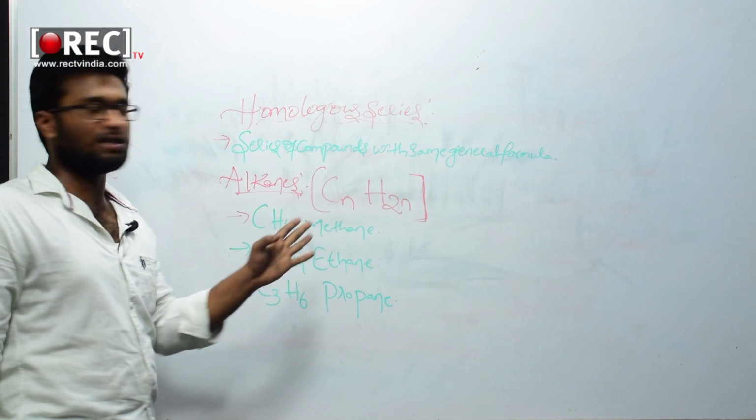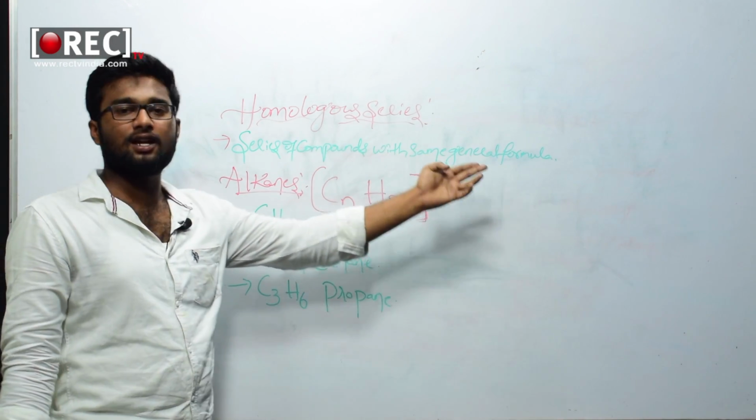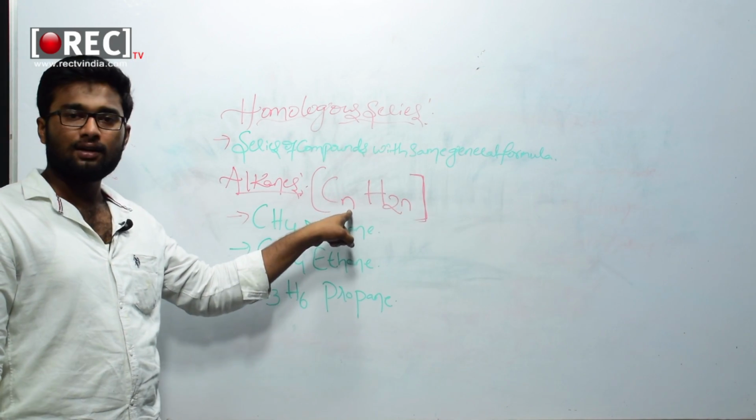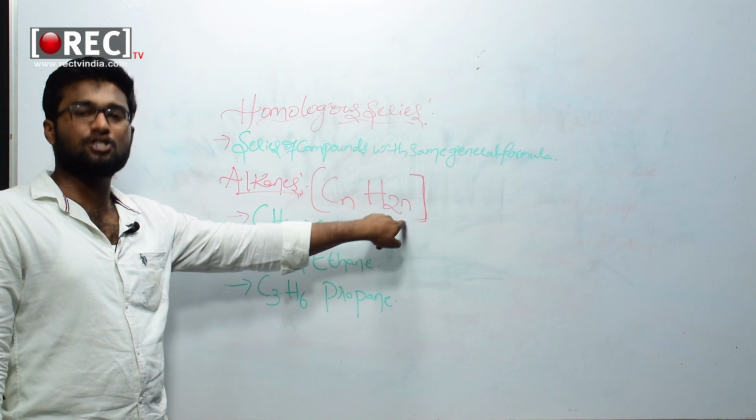So like this, a homologous series is a series of compounds with the same general formula. All alkanes have the same general formula.